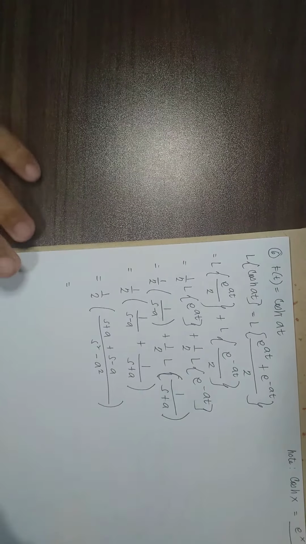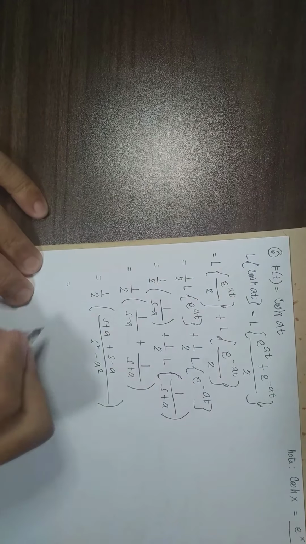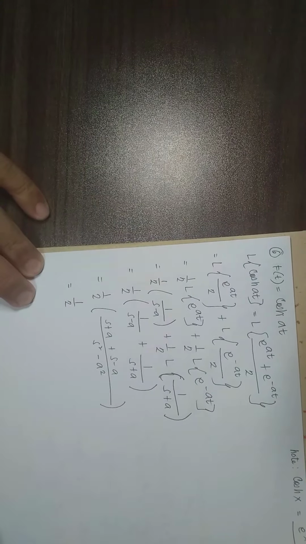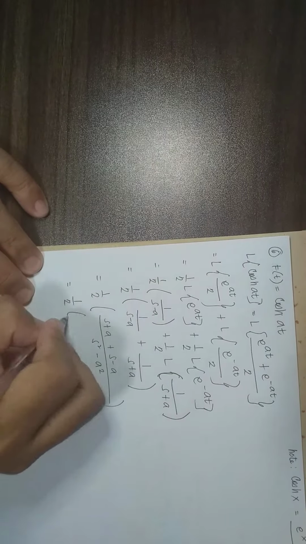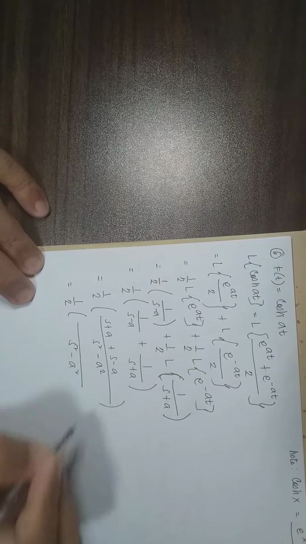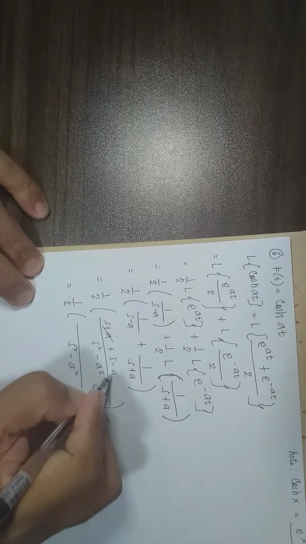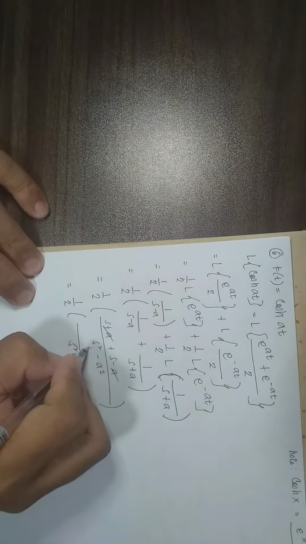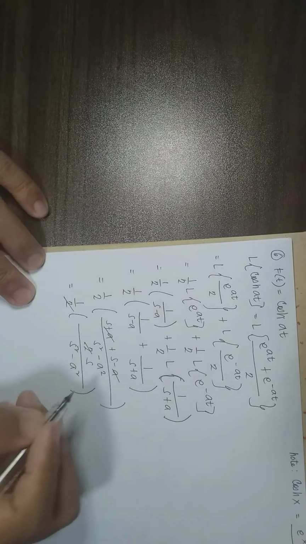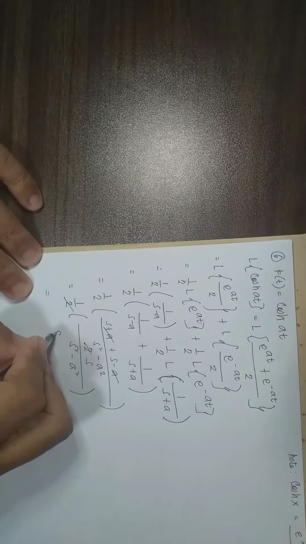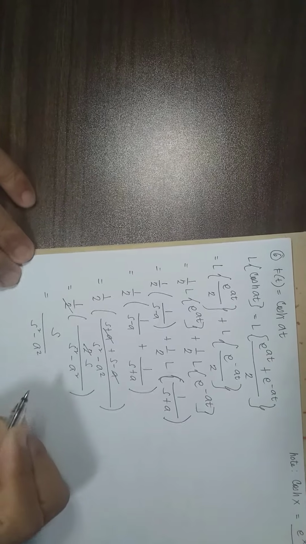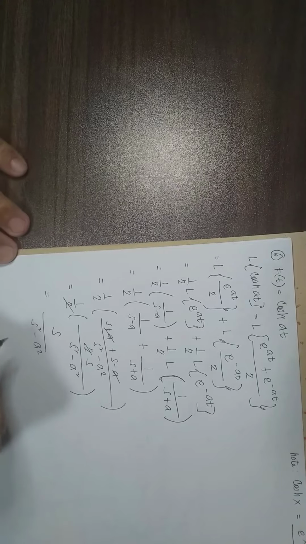Okay, 1/2 over s squared minus a squared, a and a. So we have 2s. Cancel the 2. And we have s over s squared minus a squared.